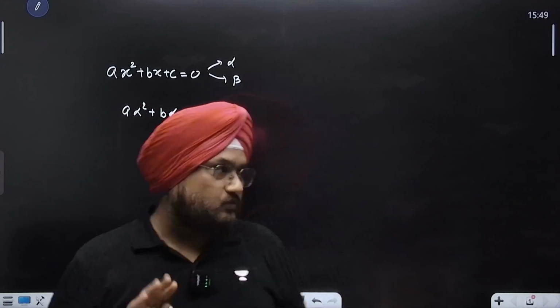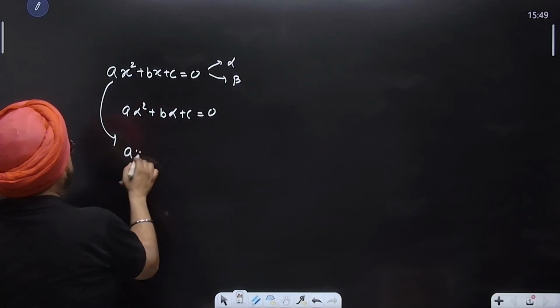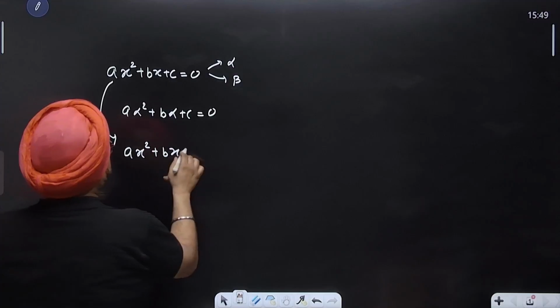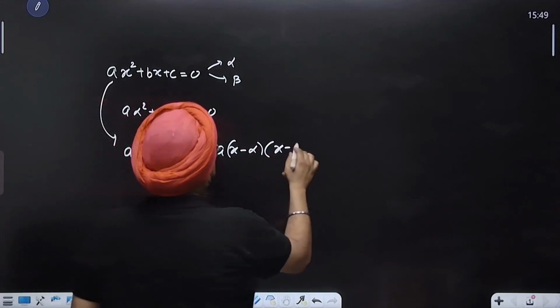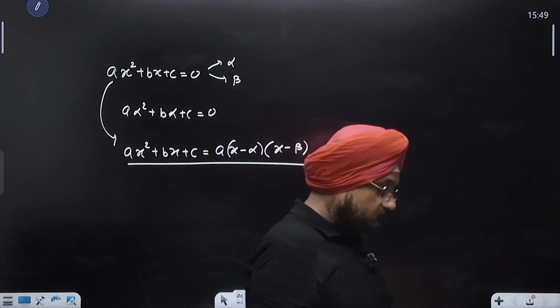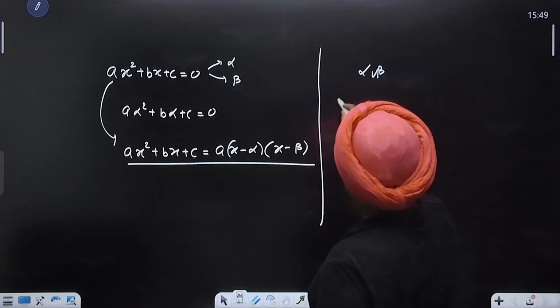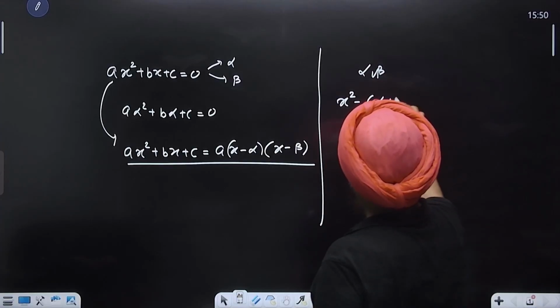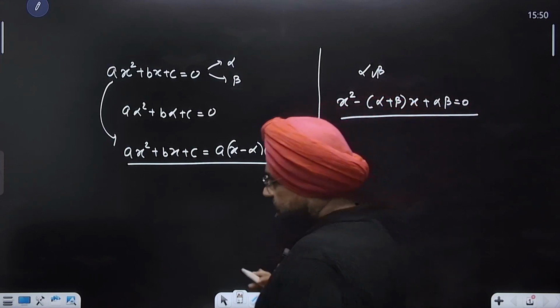According to the question, we do this. And if roots are alpha, beta, then we can write ax square plus bx plus c as a times x minus alpha into x minus beta. And if roots alpha, beta are given, then the equation is x square minus sum of the roots into x plus product of roots is equal to 0.